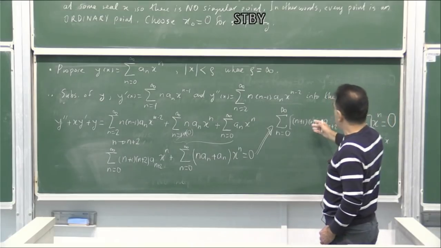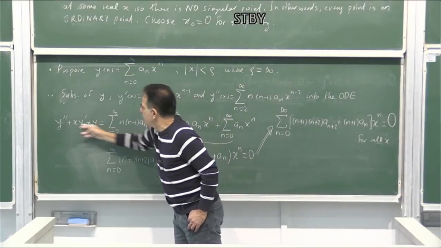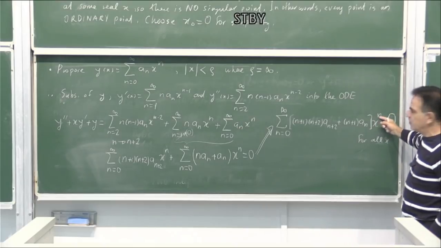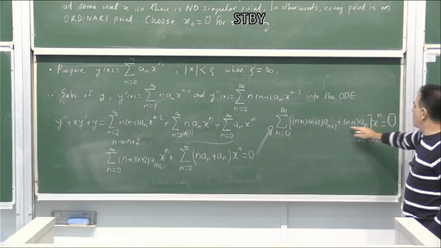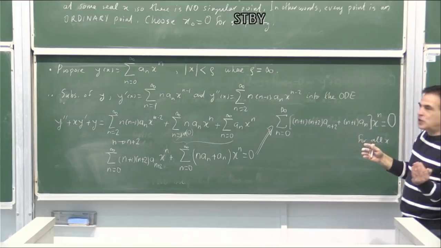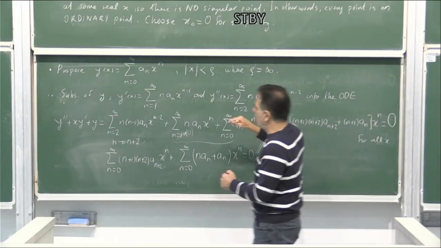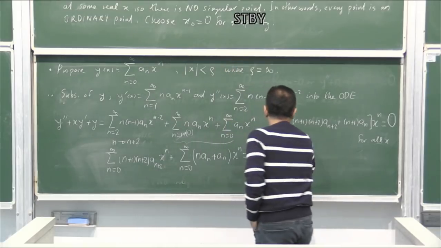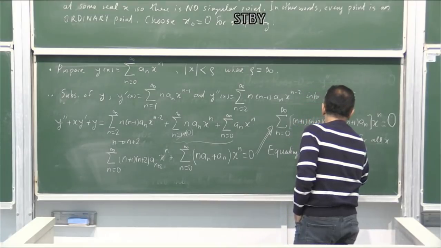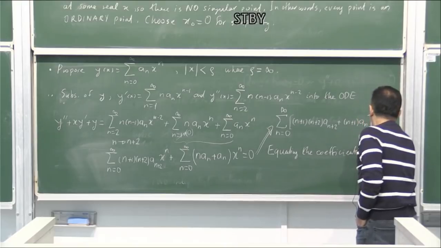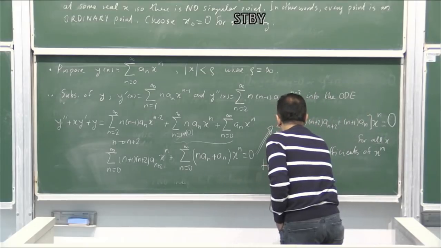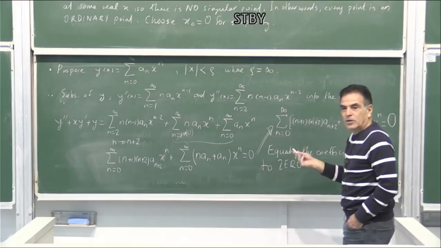Good. So substitution of the series into the differential equation, we get this series in ascending powers of x. First a constant, then x squared, and so on. So equating the coefficients of x to the power n to 0, we get the so-called recurrence relation.